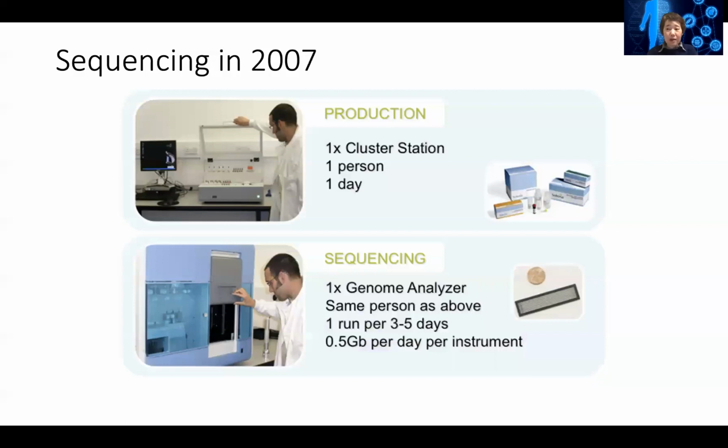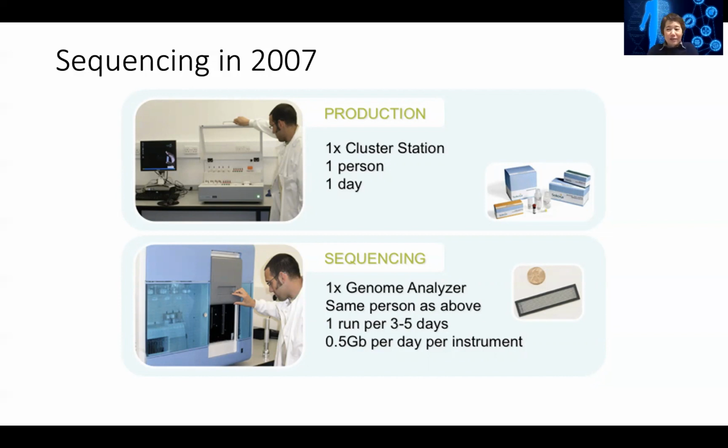For many years after that, people were using that approach to sequence the monkey genome, the dog genome, and many other species. But then in 2007, a technique was invented called high throughput sequencing, or second generation or next generation sequencing.